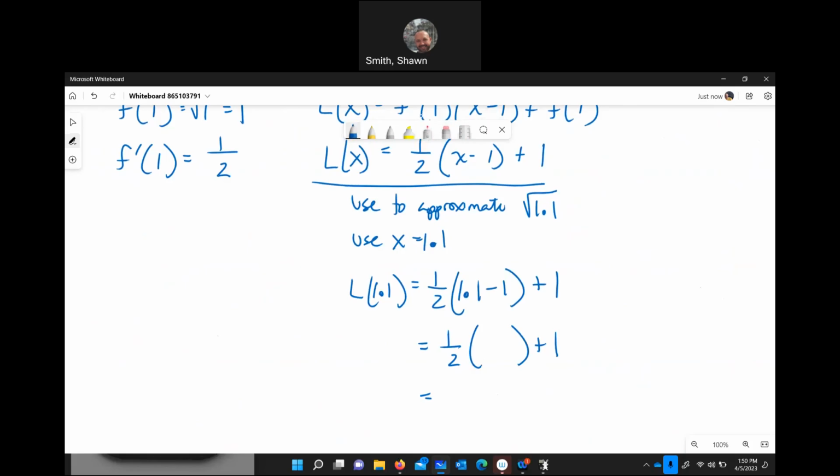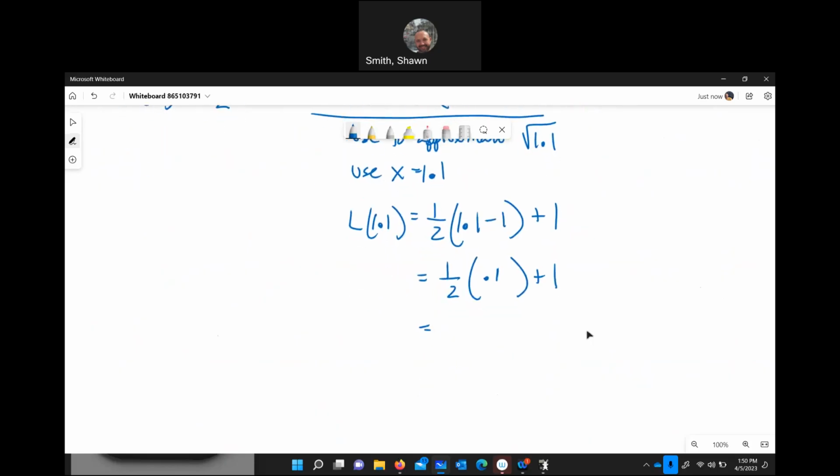All right, so we're approximating 1.1, so we're going to evaluate 1.1 in there. 1.1 minus 1 is 0.1. Half of 0.1 is 0.05. That's 1.05, approximately, right? So the square root of 1.1 is approximately 1.05.